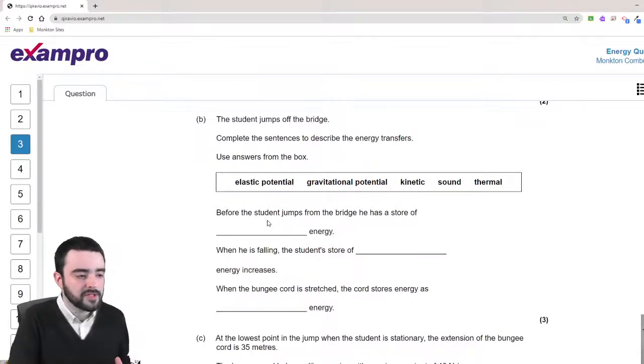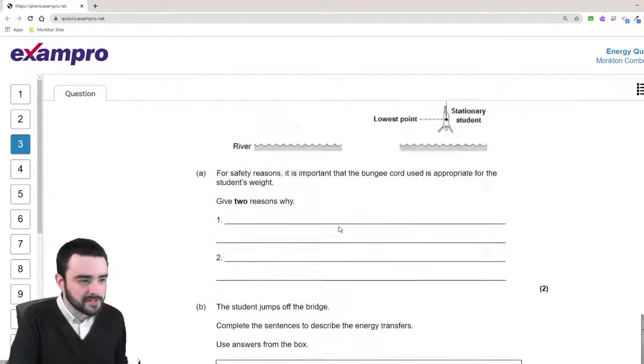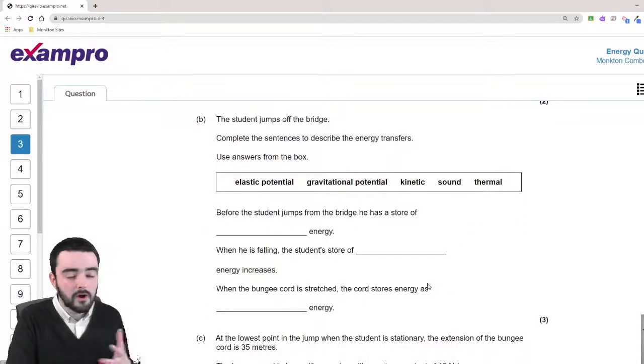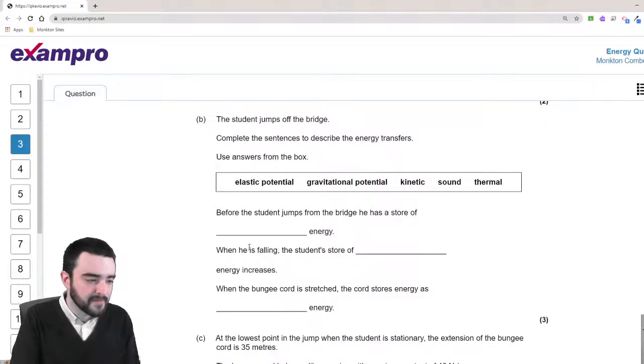So once he jumps, he is starting off high and then ending up low. So hopefully that should say to you, before the student jumps from the bridge, he has a store of gravitational potential energy.